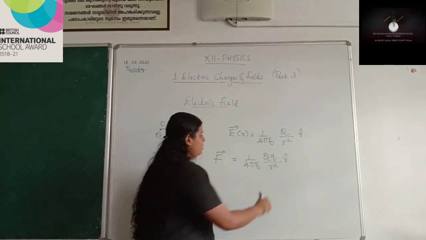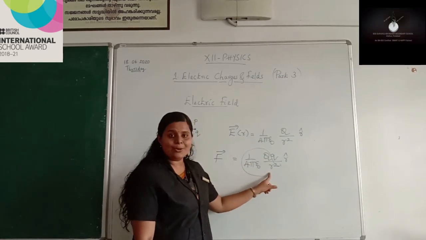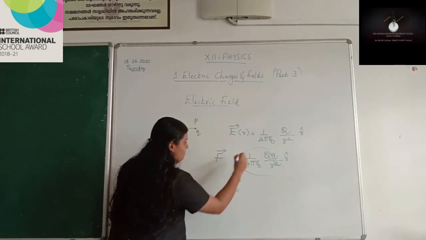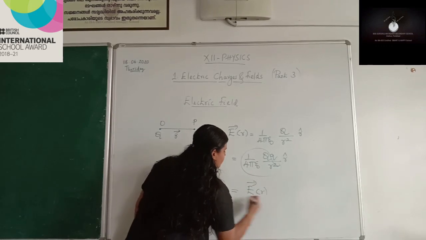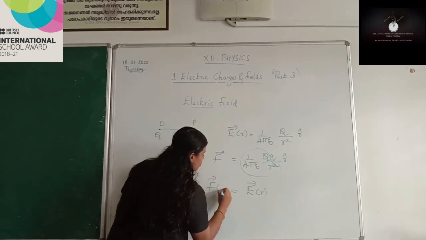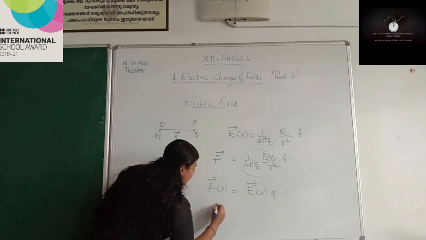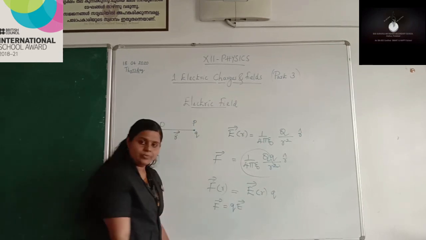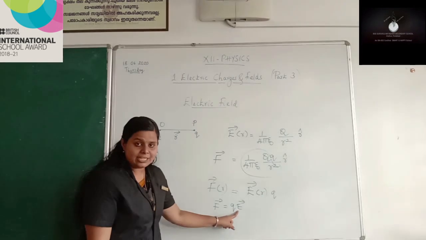So listen, what about this term 1 by 4 pi epsilon 0 Q by r square? That is the electric field. So we can replace this term by E of r. So F of r is equal to E of r into q, or simply F is equal to q into E, where F is the force, q is the charge, and E is the electric field.